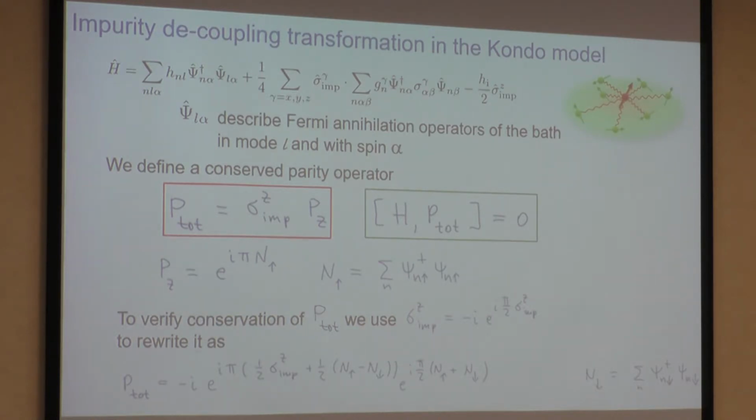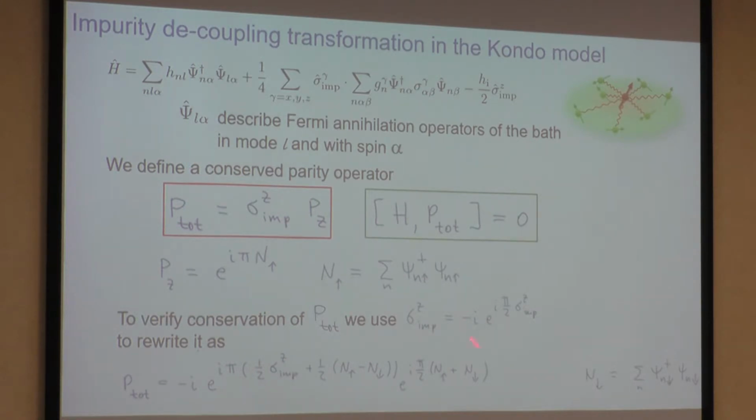So how do we see that it commutes with the Hamiltonian? Well, let me rewrite it in a more convenient way for seeing this. First of all, let me remind you that we can use Pauli matrices to write sigma z of the impurity as just the exponent of i pi/2 sigma z impurity. And then you remember that this is exactly the operator of rotating the impurity spin by pi.